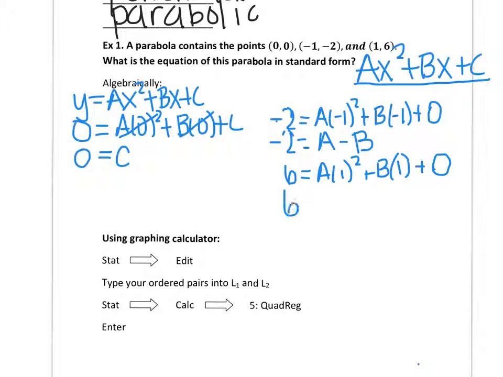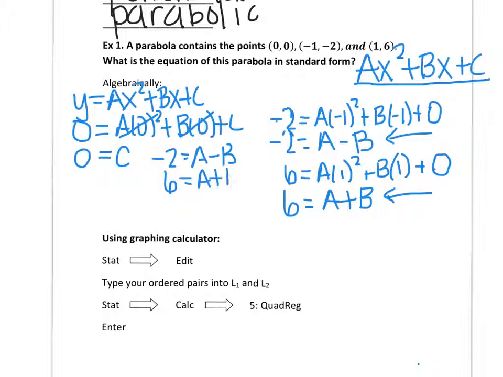Now this gives me an equation of A plus B. I'm going to take both of these equations now. This is a systems problem. Remember way back last semester when we did systems. So -2 equals A minus B. I'm going to line them up. 6 equals A plus B.